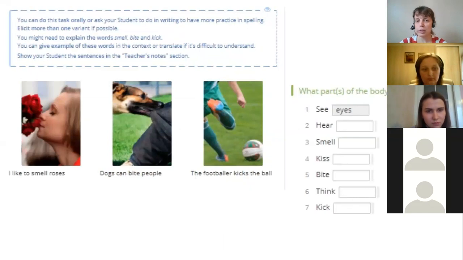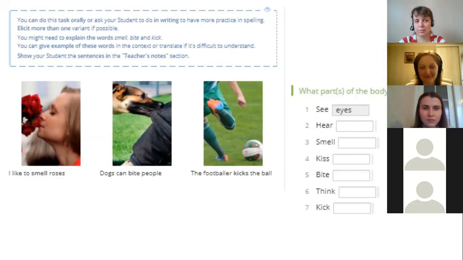Are the pictures not clear? They are. So first of all, we need to pay attention to the pictures. Okay, but it's not a beginner student, so they could probably know some words. It's just a bit awkward to think in this way.